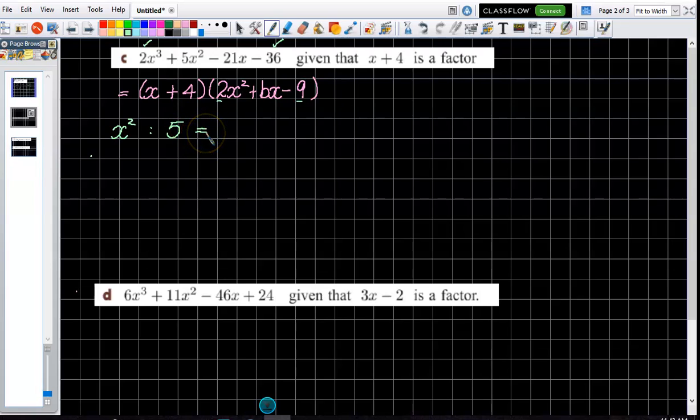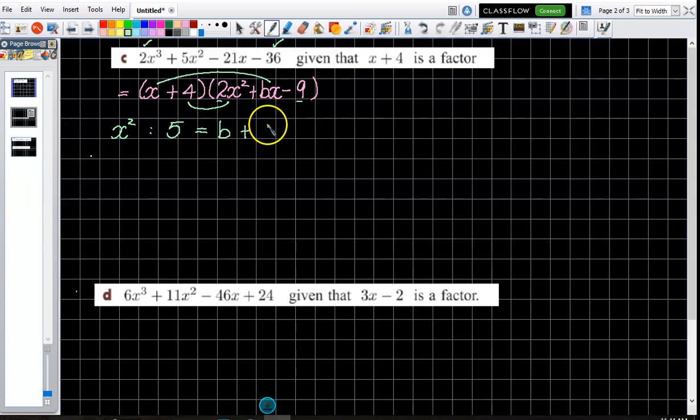So, this is when I need you now, Amara, right? How do I get an x squared? Isn't it going to be x times x? So that's bx, so b. And then how else do I get an x squared? Correct. 4 times 2x squared, which is 8x squared.